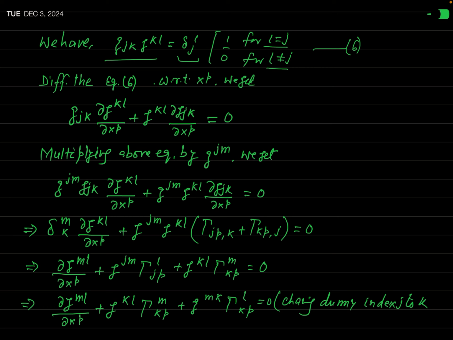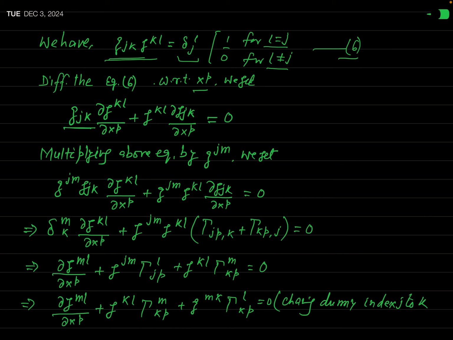Okay. So now let us differentiate this equation 6, where we have defined the product of the two fundamental tensors, the covariant fundamental tensor and the contravariant fundamental tensor, with respect to the variable xp. Again, you can see in the LHS there is a product of two functions. So when you take G jk as it is, you must differentiate this G superscript kl with respect to xp.